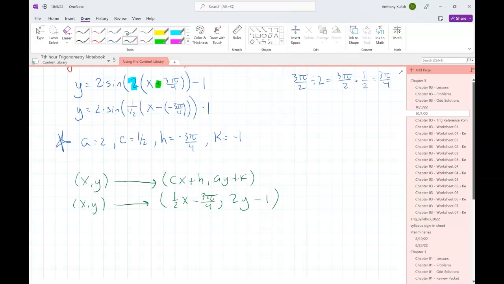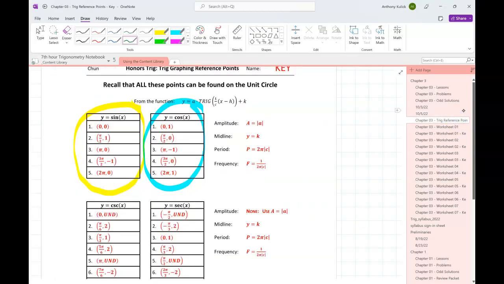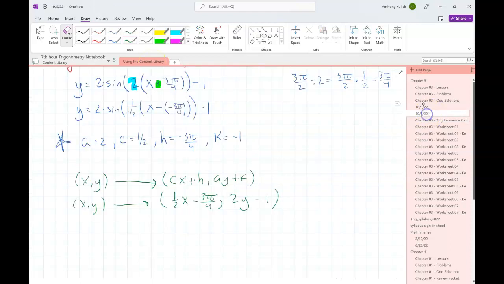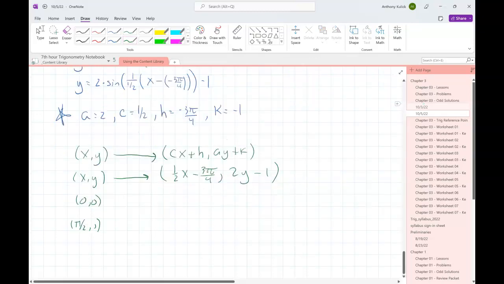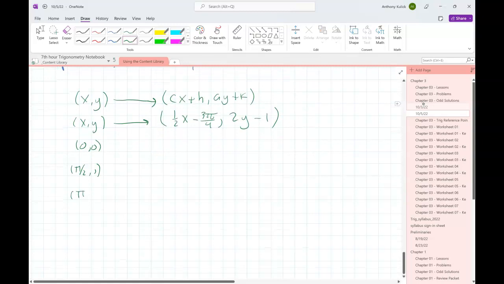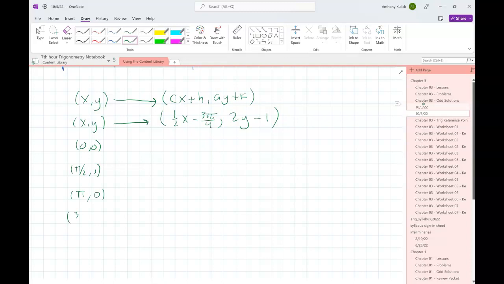I'll go to my reference points, and because I was graphing a sine function, I'm going to grab the points there in yellow. Now, Mr. Kulik has these memorized because he's a crusty old math teacher that's been doing this for like a million years. You guys would just look up what's given to you. Everybody's okay?